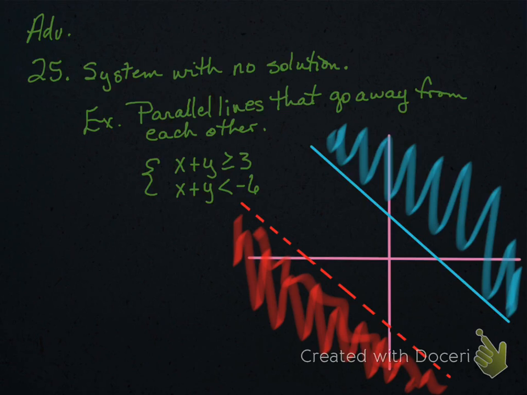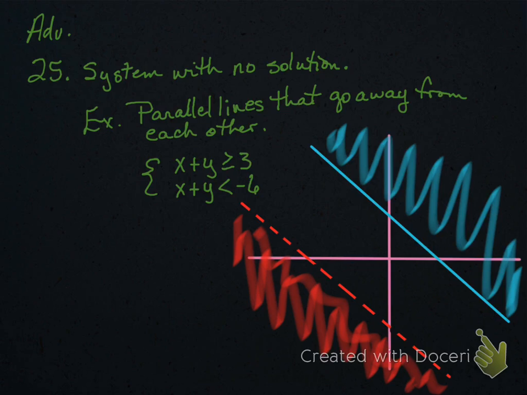Alright. Number 25. This is for the advanced, it was an open-ended question. There's a wrong answer, but you could write pretty much anything and have a right answer. Main thing would be like parallel lines that are shaded away from each other.